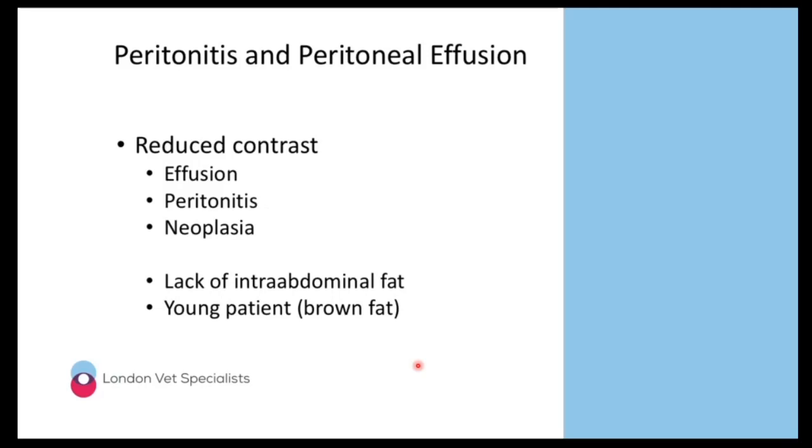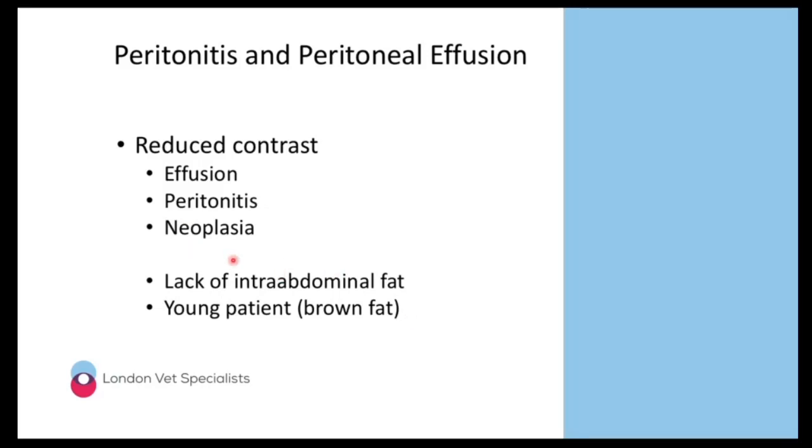So patients that have peritonitis and peritoneal effusion, the serosal detail will be very poor. So we won't be able to see the margins of all those abdominal organs. So it's going to be tricky for us to see the margins of the liver, the urinary bladder, and to make out different segments of small bowel.